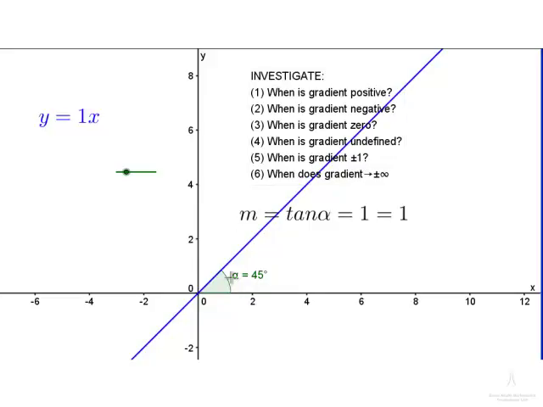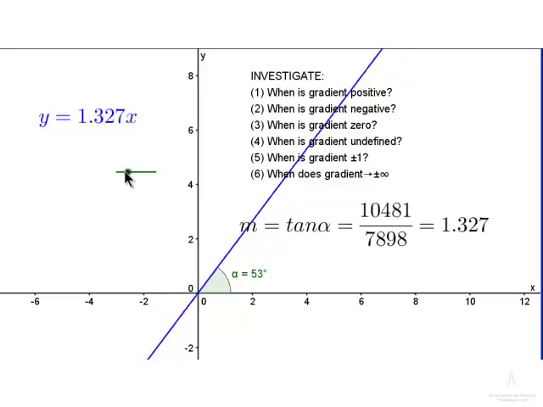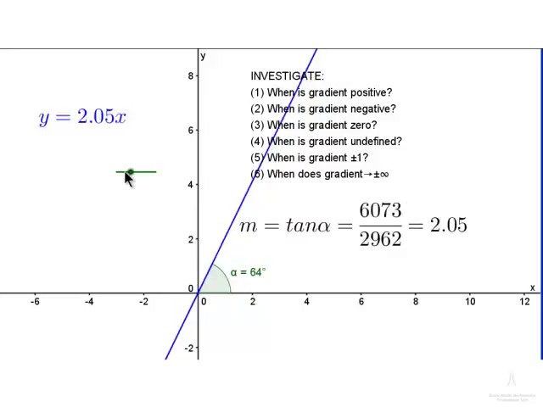This is when the angle that the straight line makes with the positive x-axis is equal to 45 degrees. At the moment the angle is still an acute angle. So as long as this angle is within the first quadrant, can you see? It is positive. And of course, the bigger the angle, the greater the gradient.